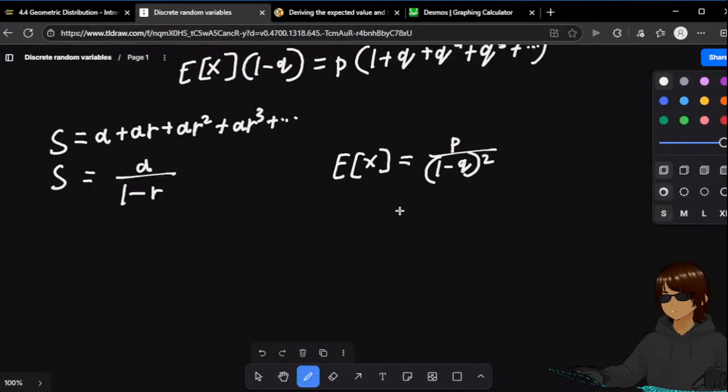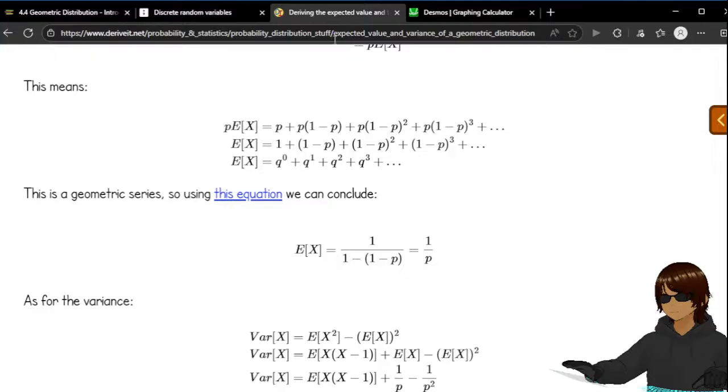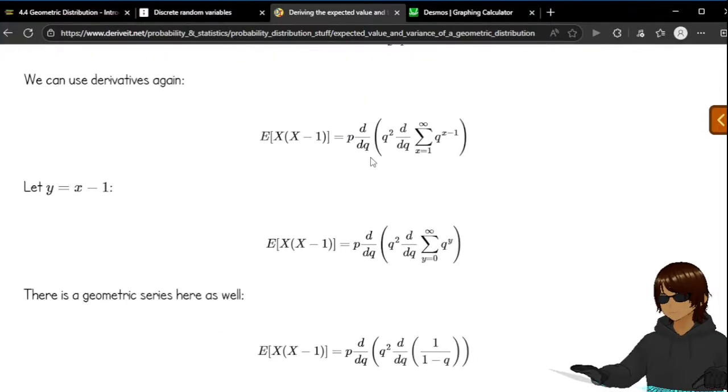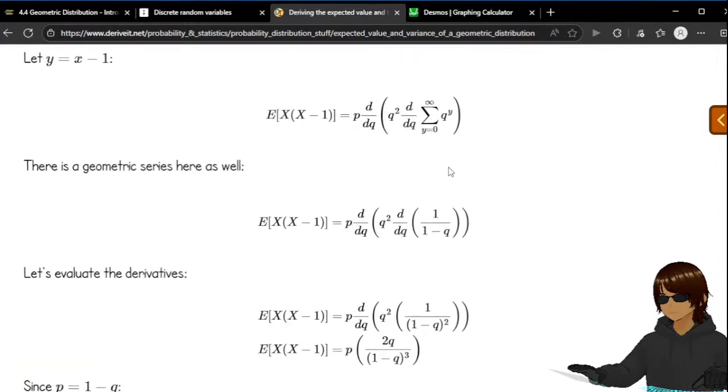No, yeah, it is correct actually. 1 minus Q is P. 1 over P. The variance. Oh my god.